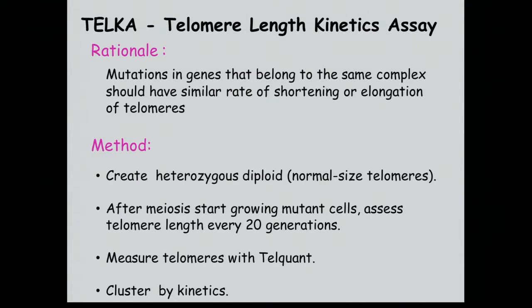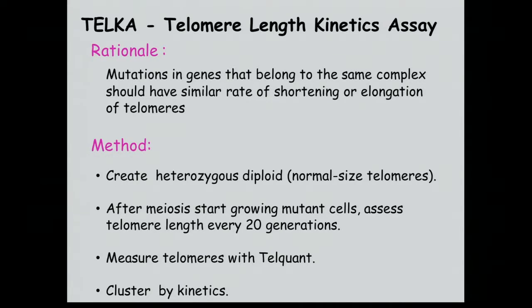The other story is what we call TELKA, telomere length kinetics analysis, assay, sorry. And the idea behind this assay is, again, we are trying to take the 400 units and instead of talking about 400 different entities, try to say, okay, we can talk about 10 different pathways, or 5 different pathways, or 3 different pathways, or whatever.